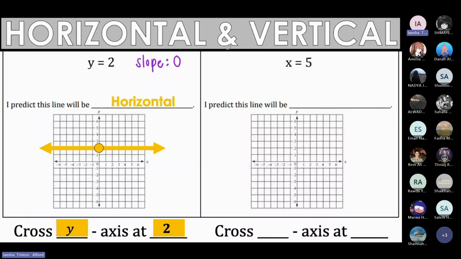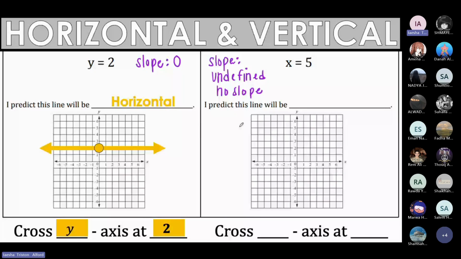For x equal positive 5, what is the slope here? Undefined, no slope. Either one. What kind of line should you have for this? Vertical.